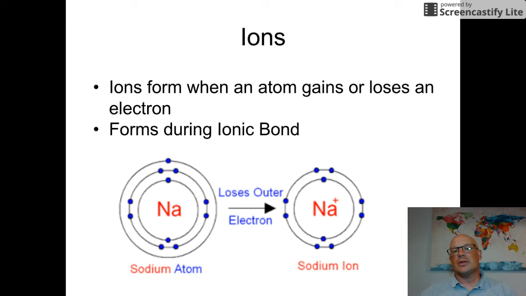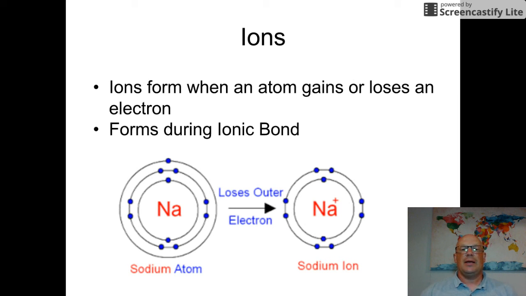If you go to the other side of the periodic table and look at groups 16 and 17, they're going to gain electrons easily. They want to get more because group 17 has 7 electrons on that outer ring. So it wants to gain one and it becomes a negative ion. The reason it becomes a negative ion is as it gains an electron, it then has more electrons, or more negative particles, than it does positive particles.